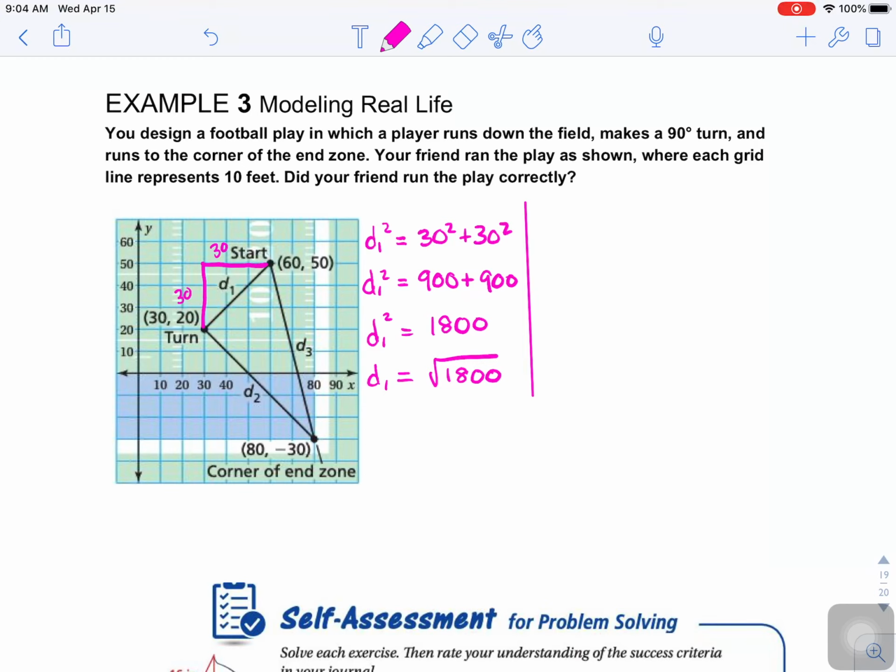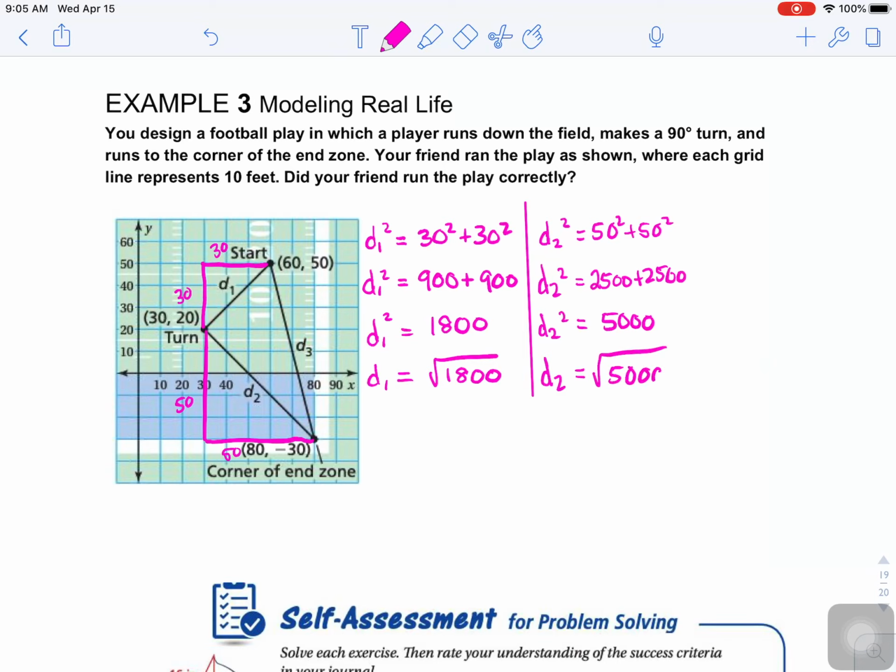Alright, if we were looking at D2, D2 is 50 by 50. So that would give me 2500 and 2500, which would give me 5000. So D2 is the square root of 5000.